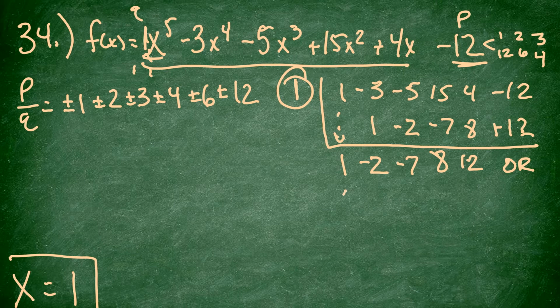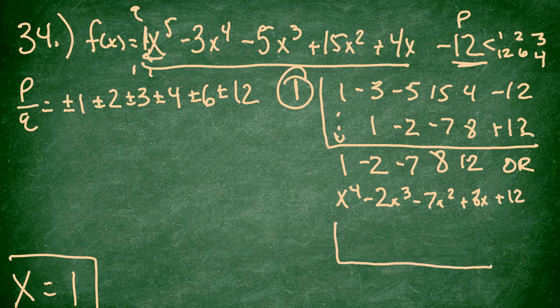This means I now have x to the 4th minus 2x cubed minus 7x squared plus 8x plus 12. So now I make another box. I'm going to put 1, negative 2, negative 7, 8, and 12 inside the box.